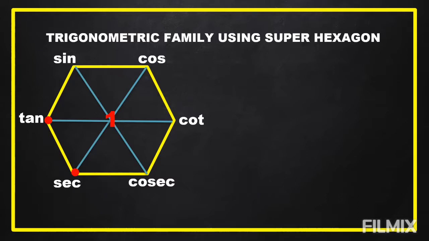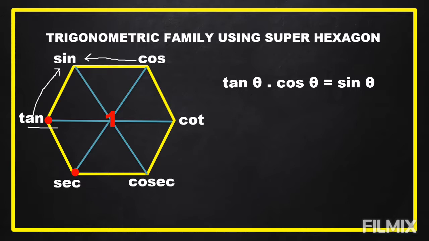This time we're going to multiply the first function to the third function, and it gives the result in our second function. For example, tangent theta multiplied by cosine theta is equal to sine theta. Okay, another example.